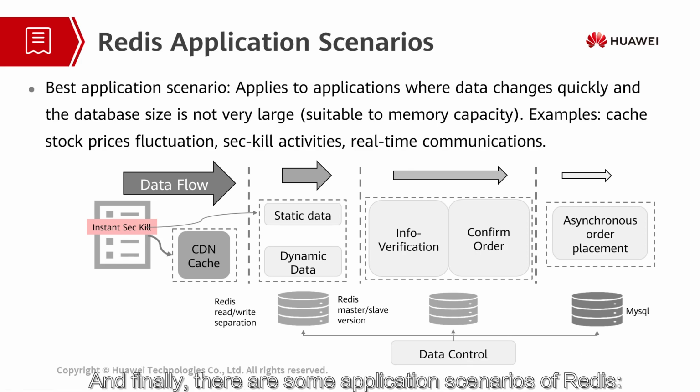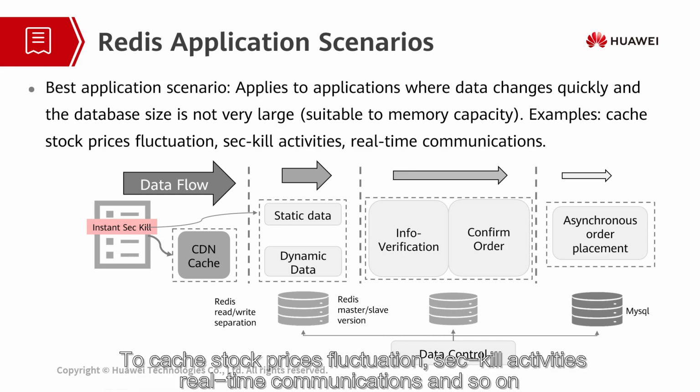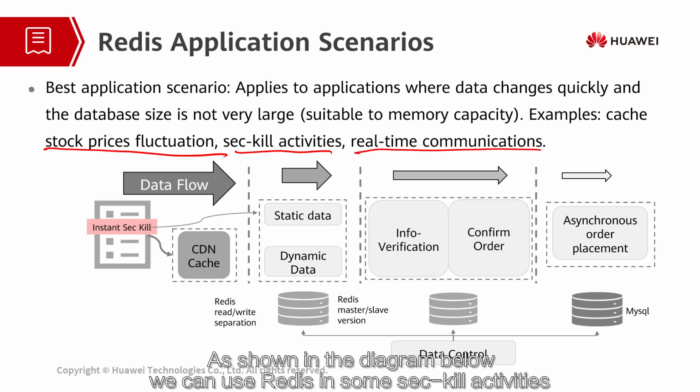And finally, there are some application scenarios of Redis. To cache stock prices fluctuation, secure activities, real-time communications, and so on. As shown in the diagram below, we can use Redis in some secure activities.